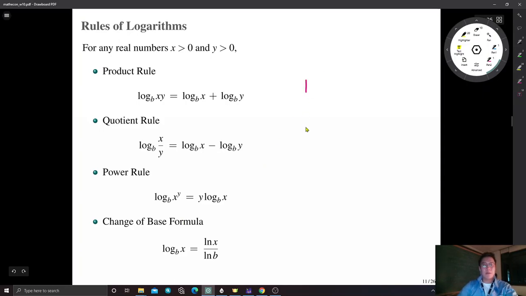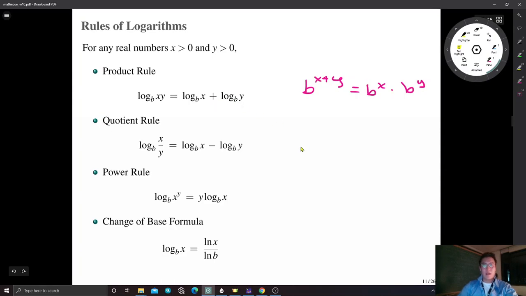Remember, b to the power x plus y is b to the x times b to the y. So in the exponential function, addition becomes multiplication, and in the logarithm, multiplication becomes addition. So log of xy is equal to log of x plus log of y.